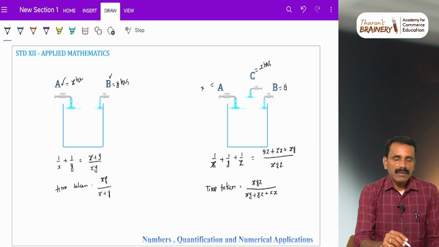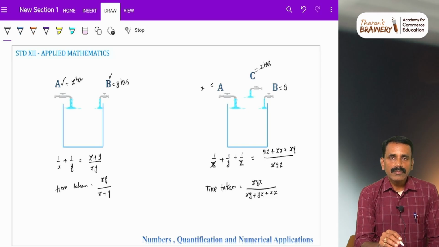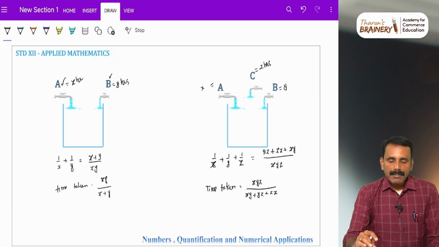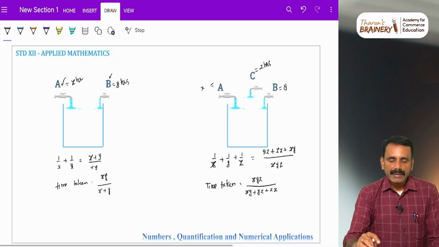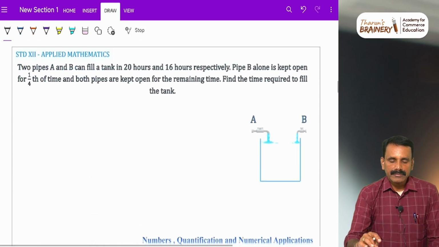In both these cases, the tank is filled by the pipes. There is no pipe attached to remove the water or liquid from the tank.